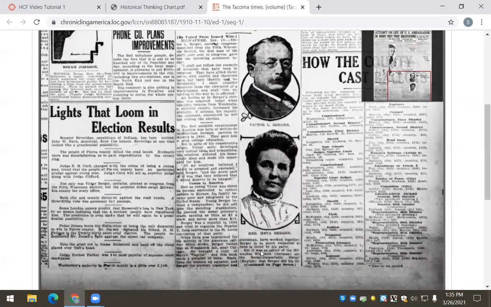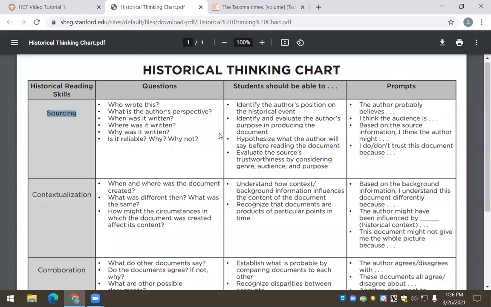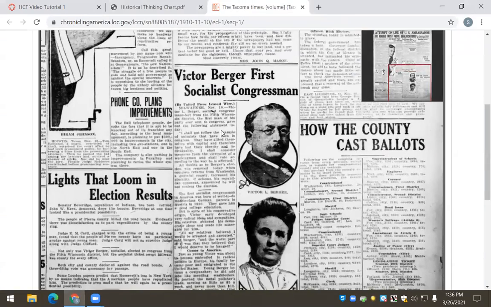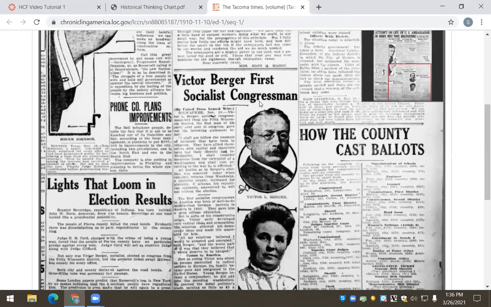But then it goes in to provide background information of where he's born, how he comes to America, and it kind of sets some background information for us. So with this, we can see that the author's position for this particular article, his perspective, is just to present the information of announcing that Victor Berger is the first socialist congressman.